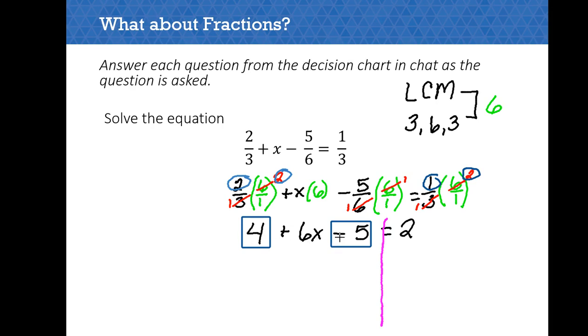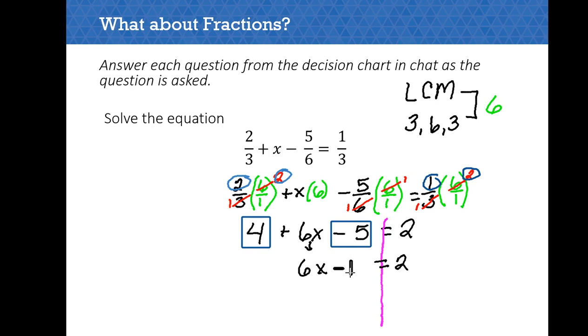So 4 minus 5 would give me a -1, right? Oops, I'm still on a box, sorry. Let me freehand that. So it gives me a -1, and then I just bring down my 6x. So I have 6x minus 1 equals 2. I combined my like terms, my 4 and my -5, and got -1.